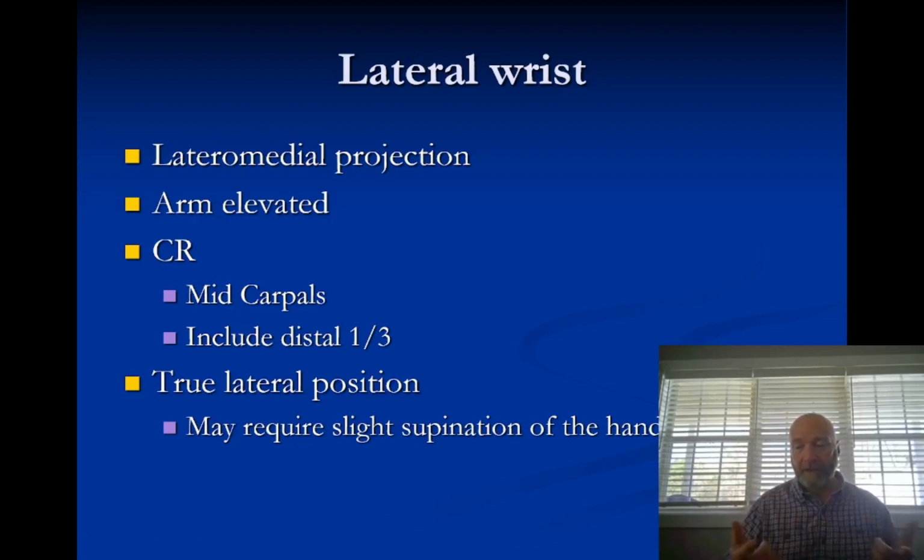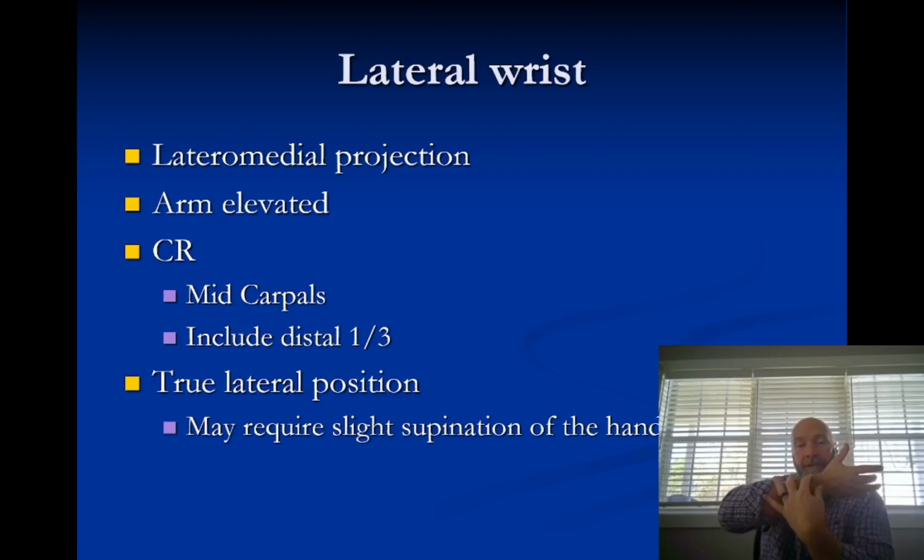The evaluation for a good lateral: first off, you need everything in the same plane: shoulder, elbow, and wrist all in the same plane. But if you feel your ulnar and radial styloid processes, the evaluation criteria is going to call for superimposition of those two things.